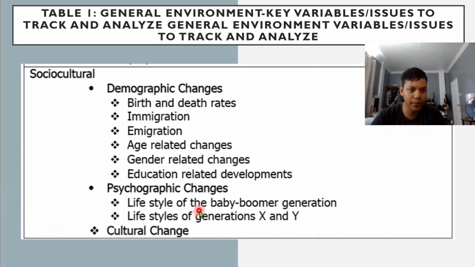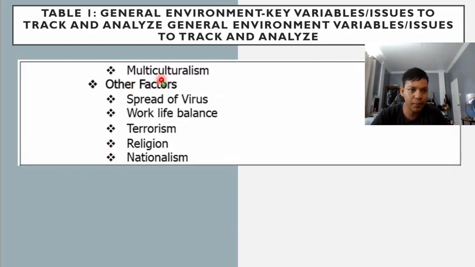We have the lifestyle of the baby boomer generation. We also have lifestyles of generation X and generation Y. And I think we missed here the millennials and the Gen Z or generation Z. And we also have cultural change, multiculturalism.